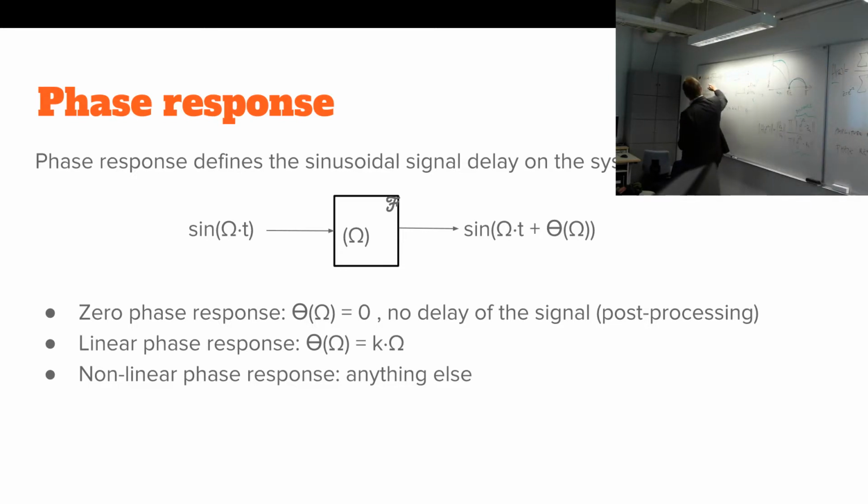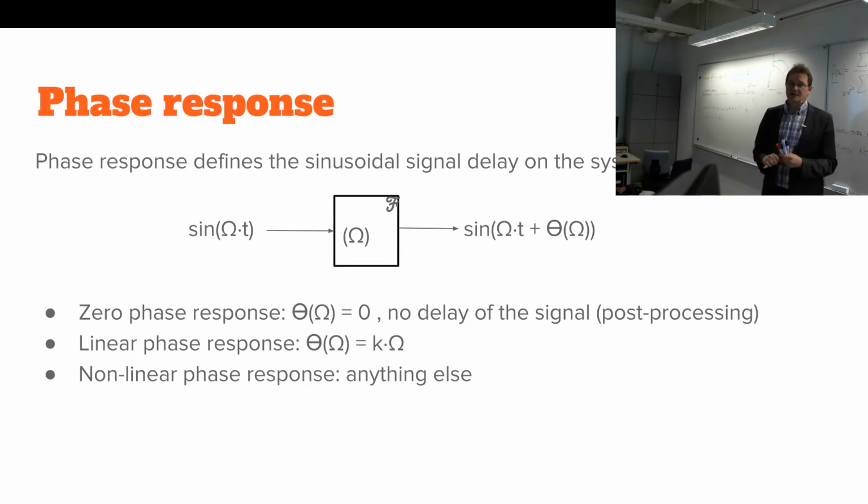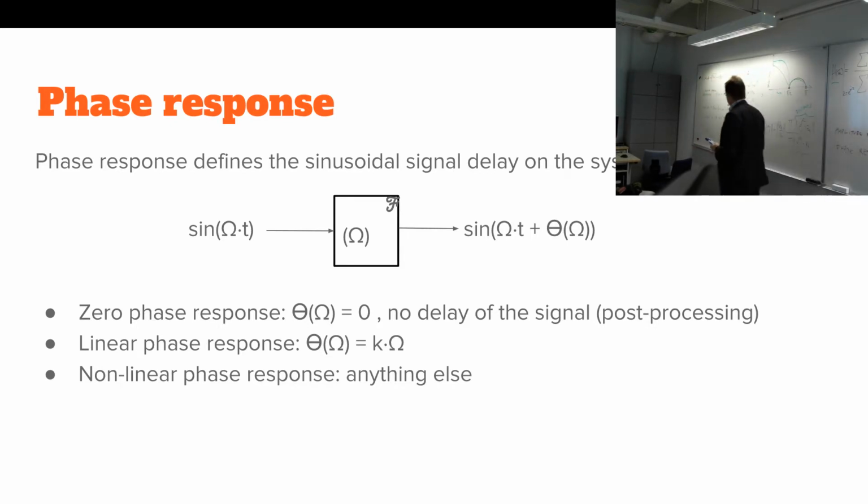If you have, for example, a signal that is a combination of two different frequencies, and they are carrying information simultaneously, then you want to have exactly the same amount of time shift when that signal goes through the system.